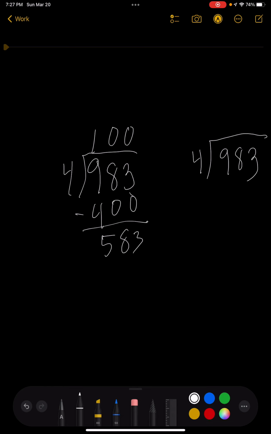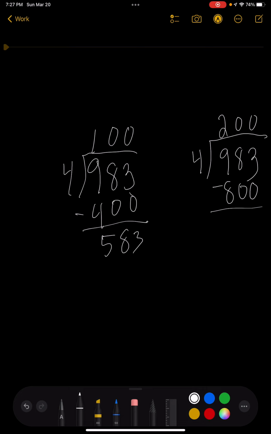I can also start a partial quotient by saying if I have 4 sets of 200, 200, 400, 600, 800, then I'm even closer to the 983. So you see how 2 people could be using partial quotients and they're still ultimately going to get the right answer, but their partial quotients actually look a little different, right?